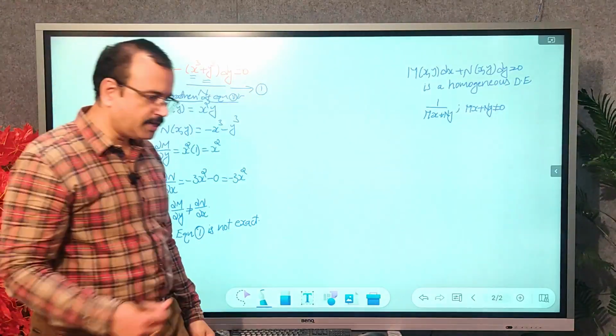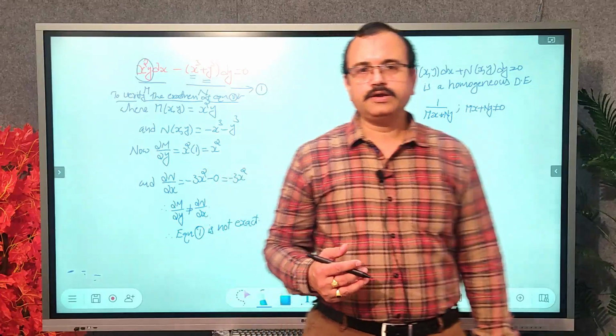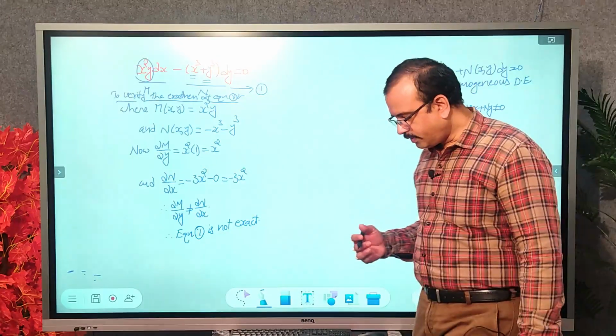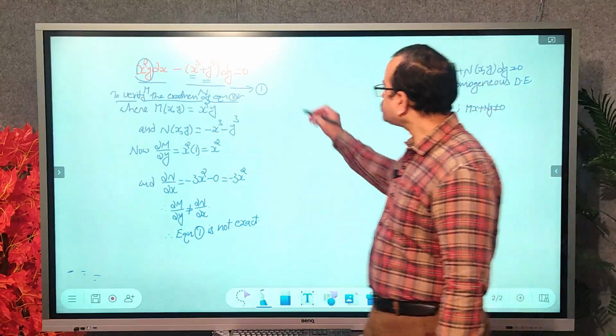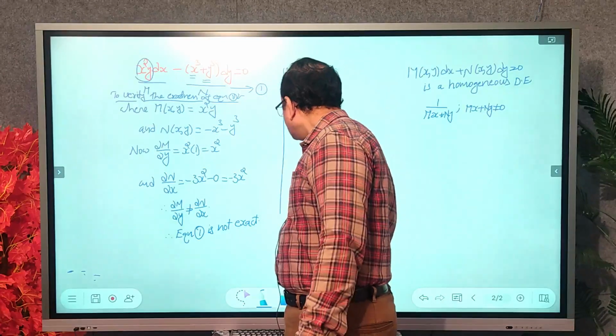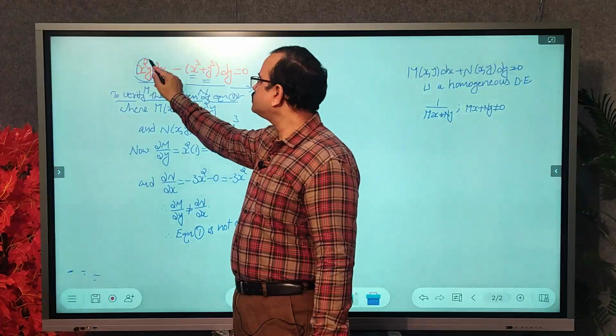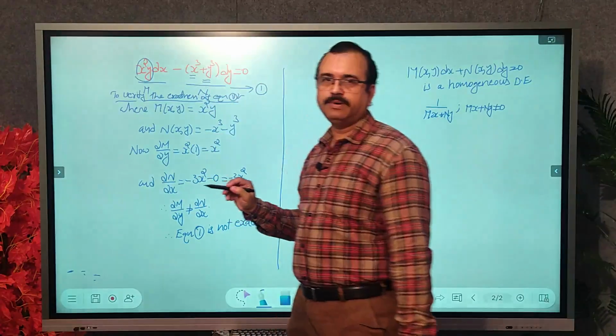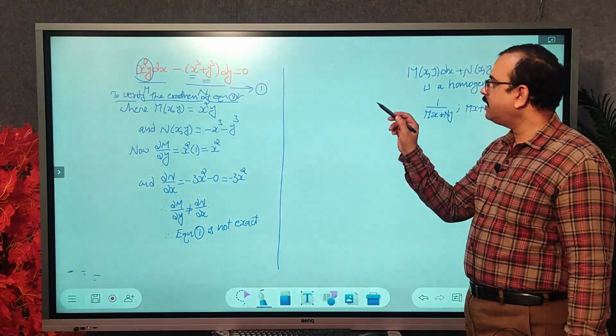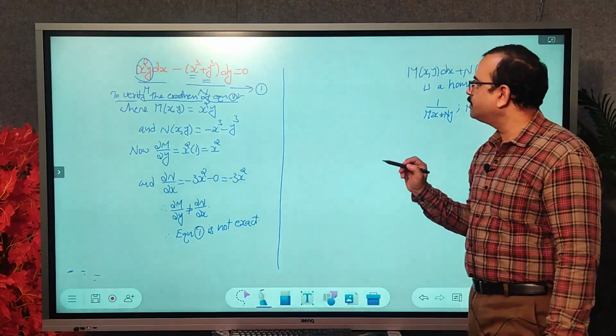Now we have to see what integrating factor we have to take. For that, the given differential equation is homogeneous, as I said, because all the terms are of same degree, so it is a homogeneous differential equation.